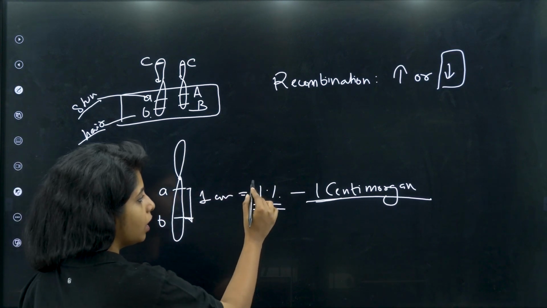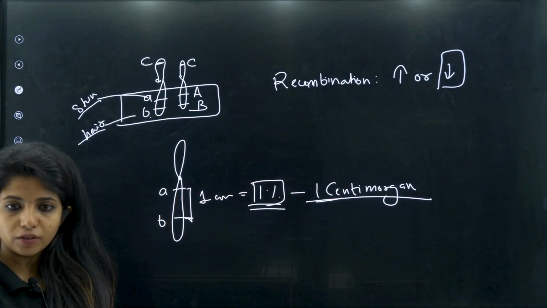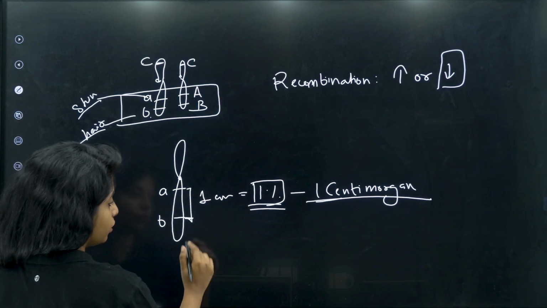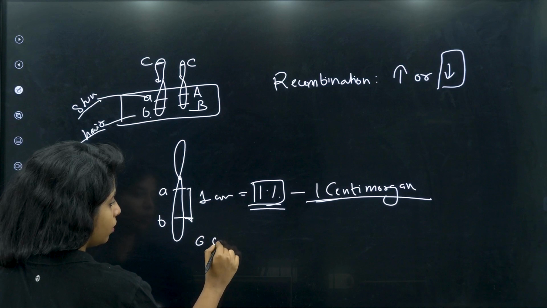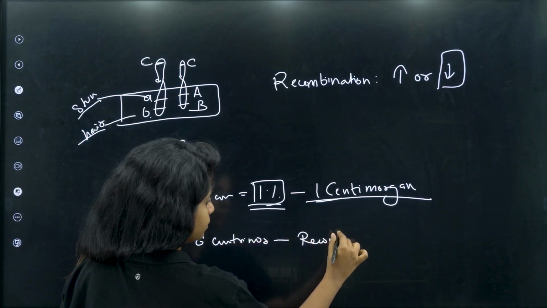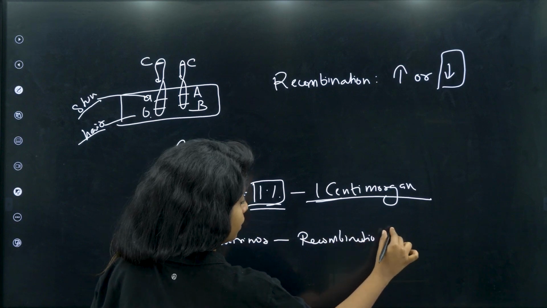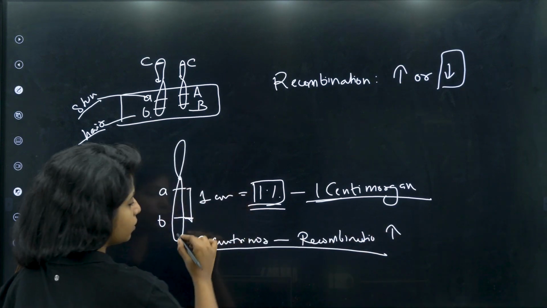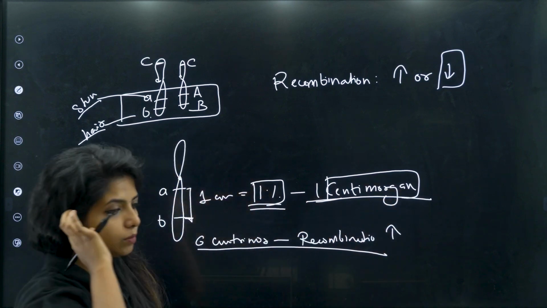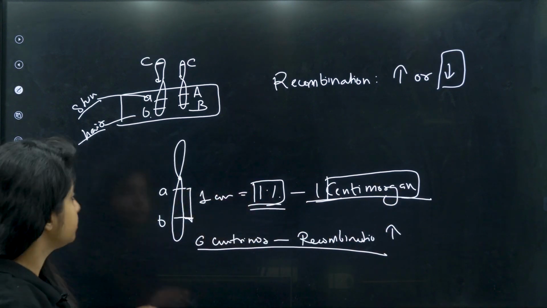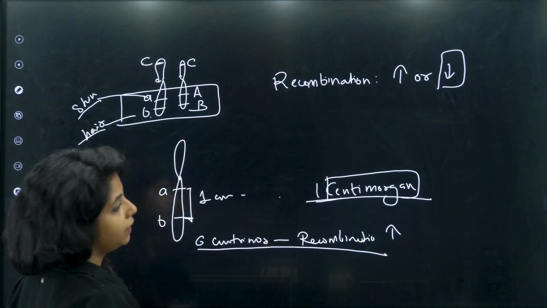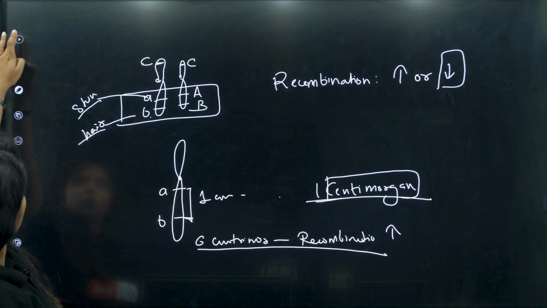No, they will be just showing a little amount of recombination, 1% recombination probably. Okay, that is the thing. Now if they have a distance like 6 centimorgan, then obviously the recombination would be more, children. So distance in the case of genes, they are mapped with the help of centimorgan, and 1 centimeter is basically 1 centimorgan. You can think like that. Okay, so please remember the unit. I hope it helps.